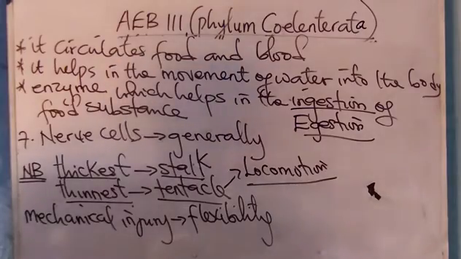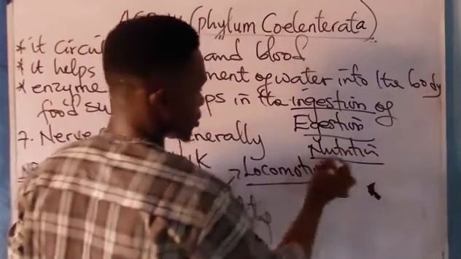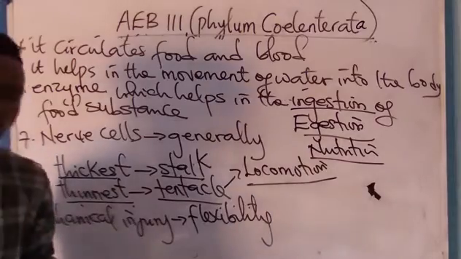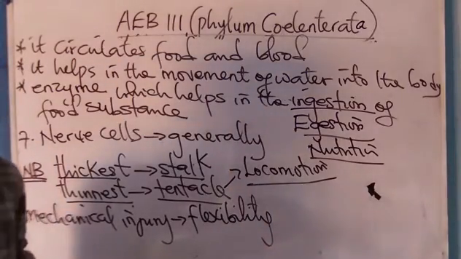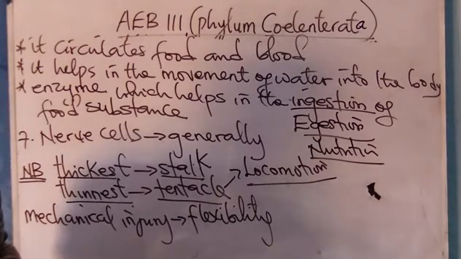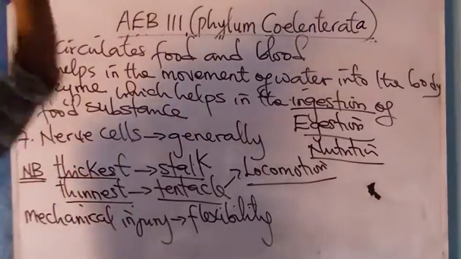Is there anything that I've not dropped? Nutrition. Yes, nutrition. The hydra feeds on smaller organisms in the aquatic environment. Then digestion. Digestion occurs in the enteron, and respiration is through diffusion via the body surface.